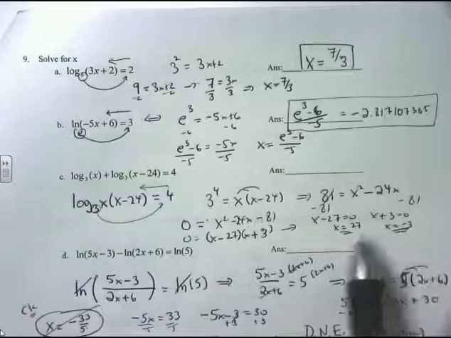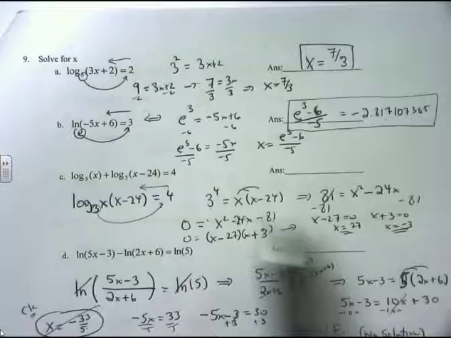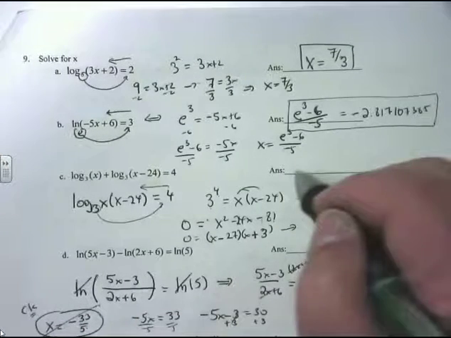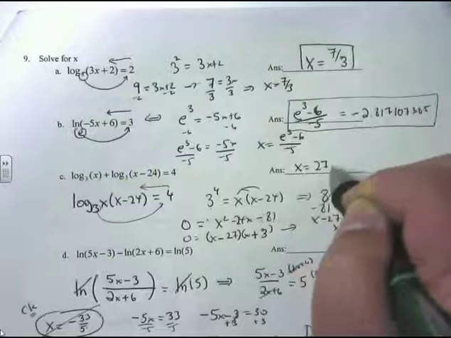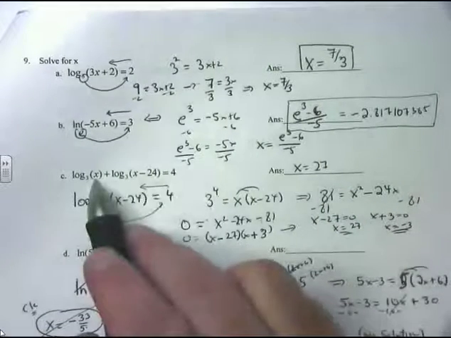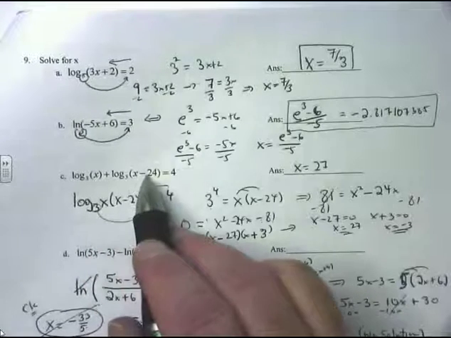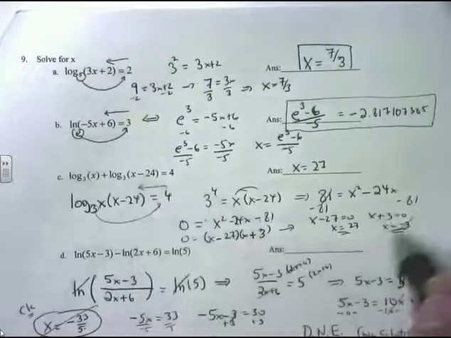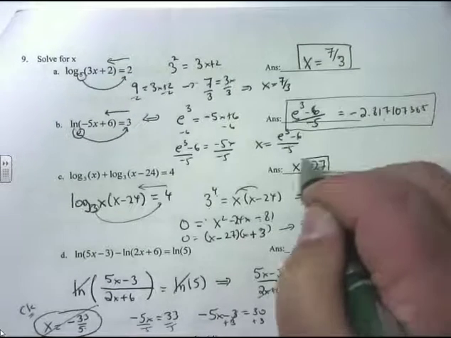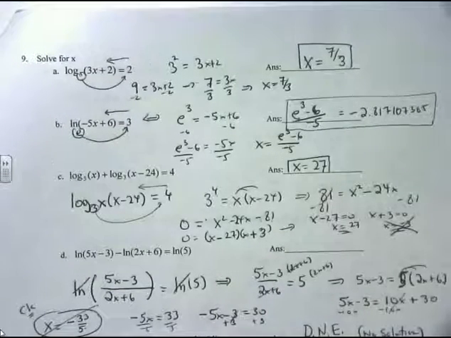I'm not checking to see if they're right, just checking to see if they're going to work. 27 is positive, 27 minus 24 is 3, that's positive, so x equals 27 works. That's the solution. However, negative 3 doesn't work. You can't take the log of a negative number, and negative 3 minus 24 is negative 27. This is an extraneous solution, so that doesn't work. So the only answer is x equals 27.